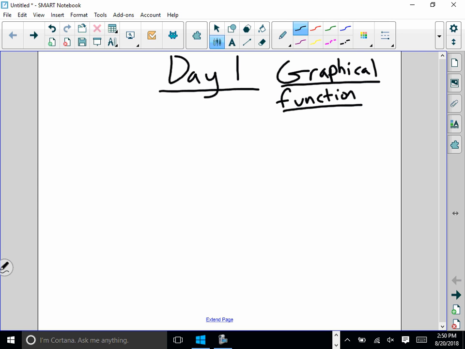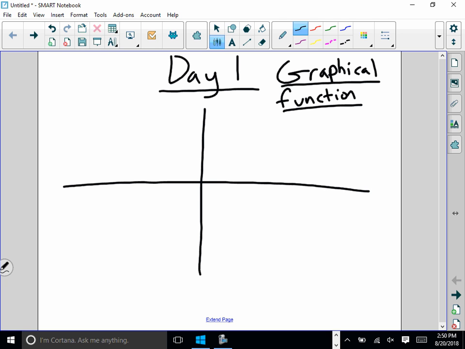I'm going to copy an example of a graph, and I want you to copy this into your notes. Oftentimes with limit graphs, we have really weird, piecewise looking functions. Here's what we're going to do for today.